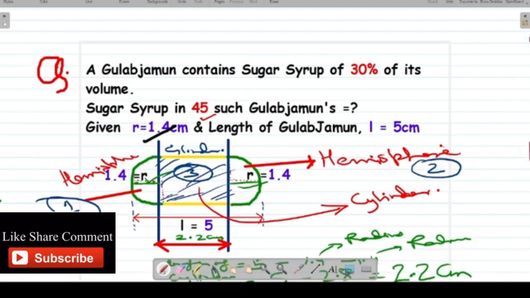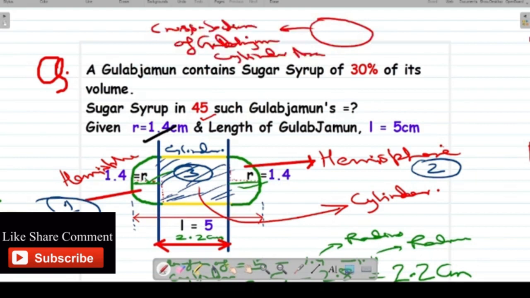The top surface is the cross section area of the Gulab Jamun cylinder. For the cylinder portion, this radius is also equal to 1.4. So we put the value of r square of the cylinder as 1.4 squared, and for h we have calculated 2.2, the h of the cylinder, the central portion number 3.